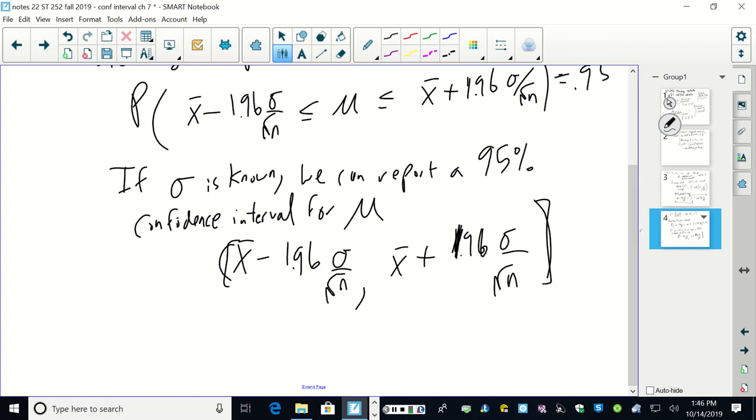So we hope that that captures where it is. And if ever you were really concerned about something that ended up right at that edge, then you're going to have to think about that, because maybe your real mu is a little bit higher than you thought, or maybe a little bit lower. If it's right at the border, maybe it'll be included or not. But if it's just a little bit on either side of it, it's still kind of in the same place.